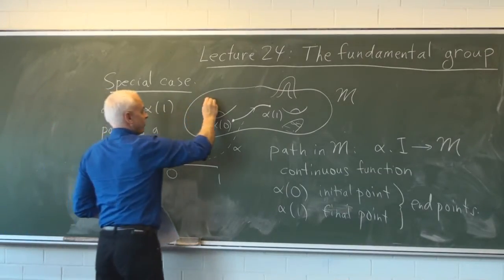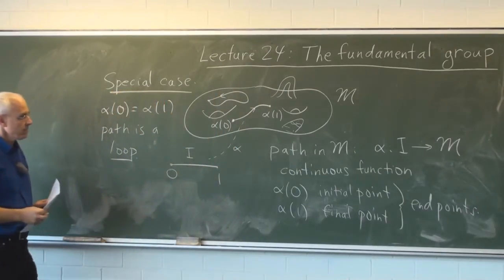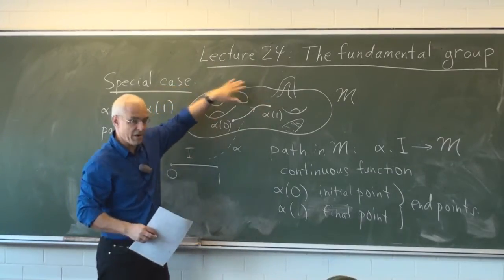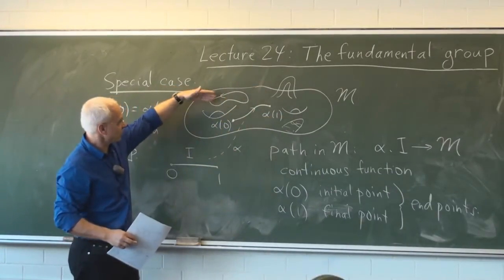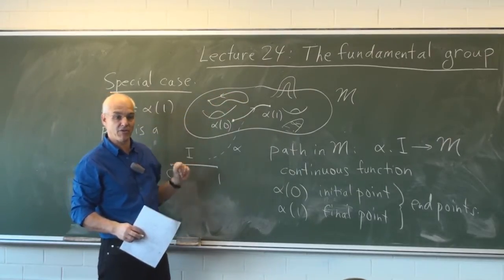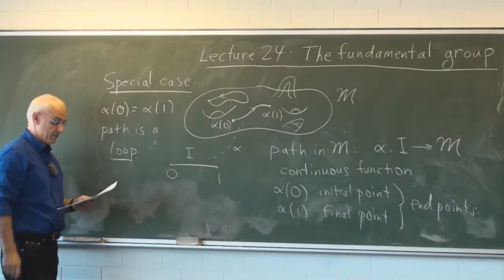That would be like this, perhaps. The actual image of the path can wander around wherever it wants to. It's not constrained. It can cross itself, it can repeat itself, it can go around holes, just as it likes.